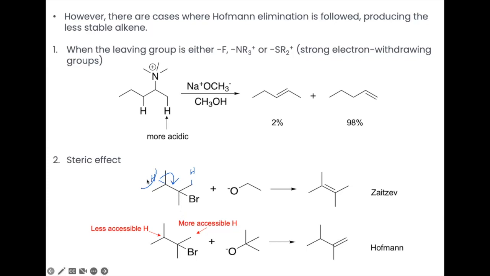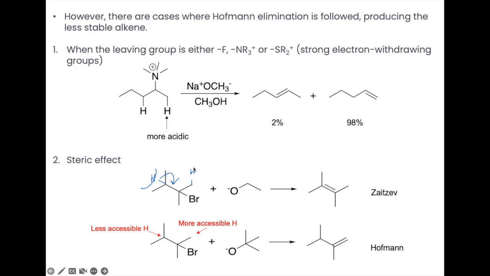However, remember this base will have to abstract this proton. And this is hindered due to the presence of these two alkyl groups, two methyl groups. So this is sterically hindered.